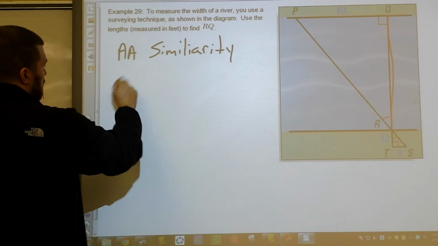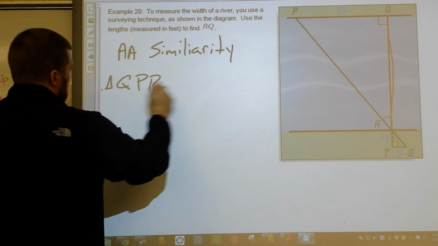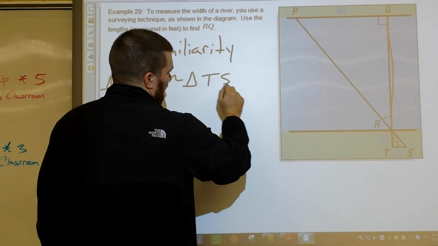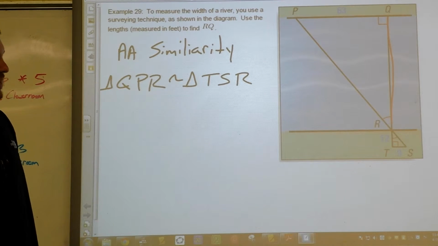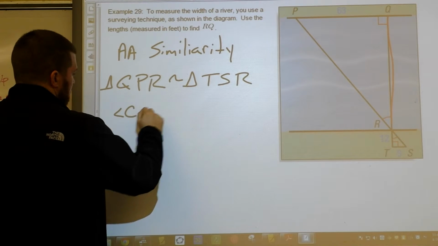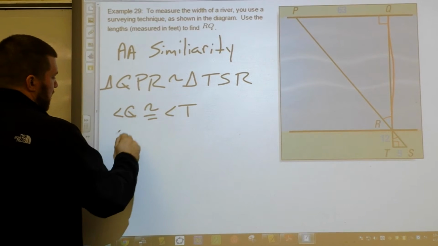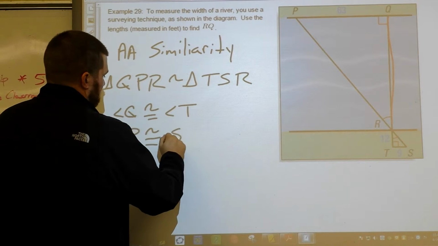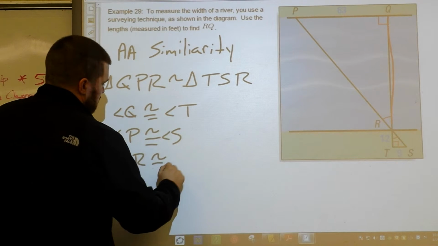So QPR is similar to triangle TSR. Now I'm going to start off by writing my similarity statement. So I know that angle Q is congruent to angle T. Angle P is congruent to angle S. Angle R is obviously congruent to itself.